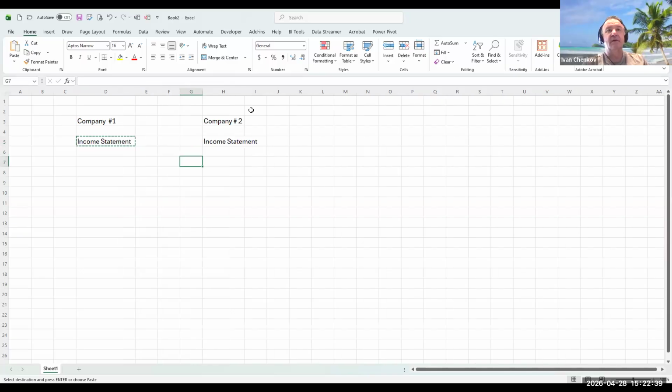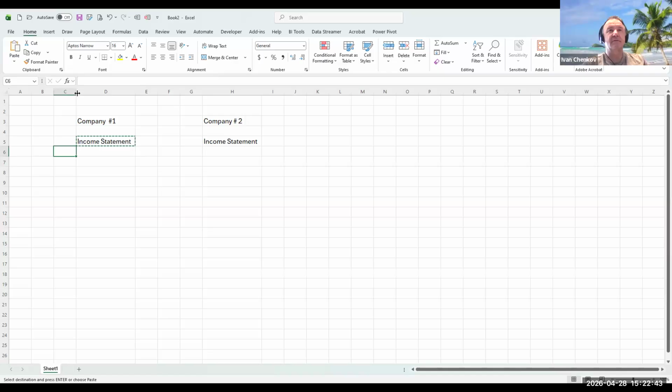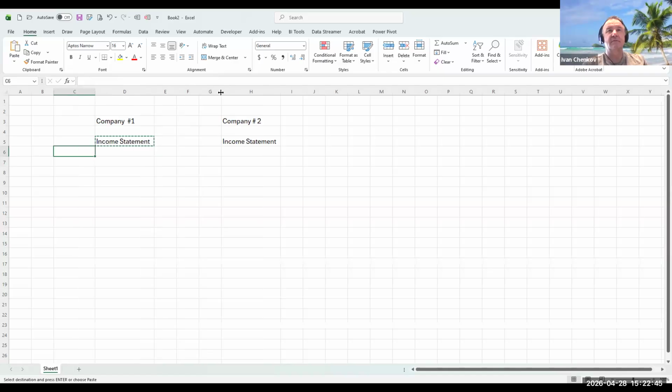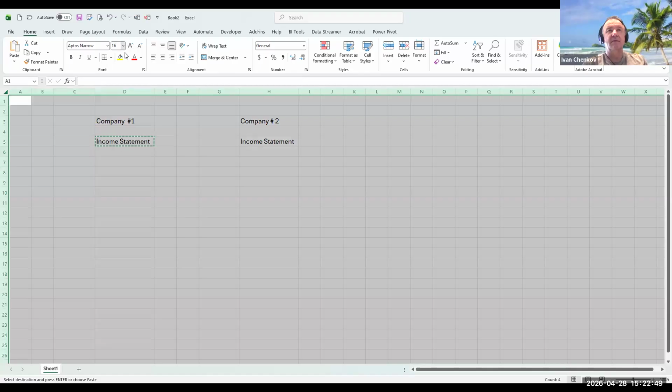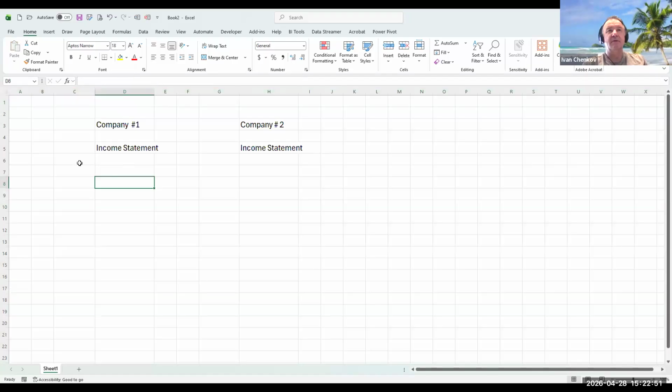Now, let's pretend both companies are going to have sales. Let's make the font a little bit bigger, let's make it 18. Both companies are going to have sales, cost of goods sold, and gross margin.